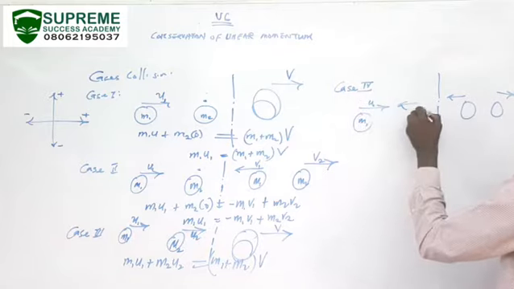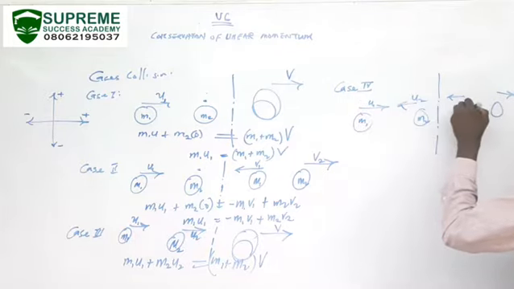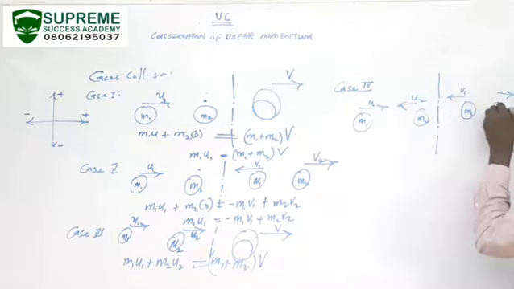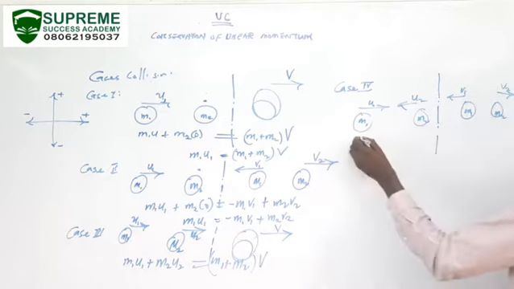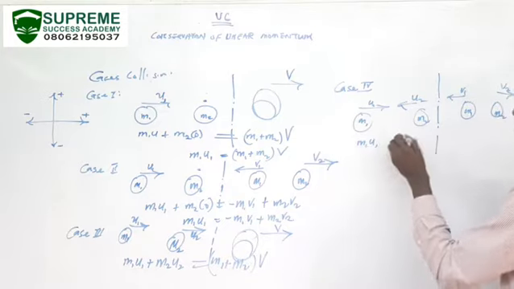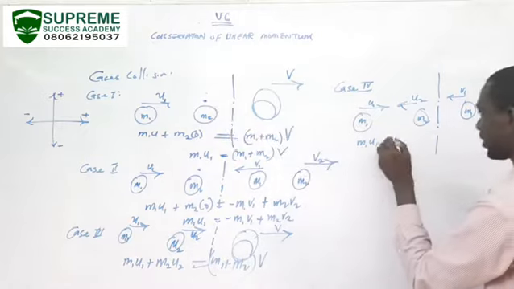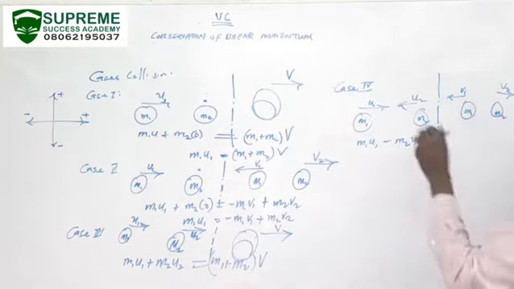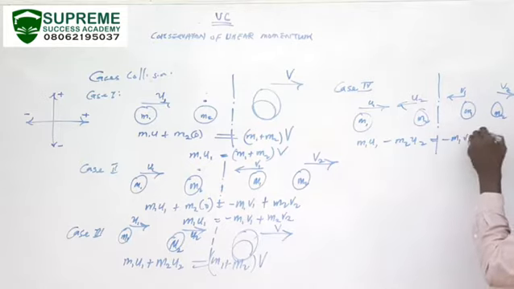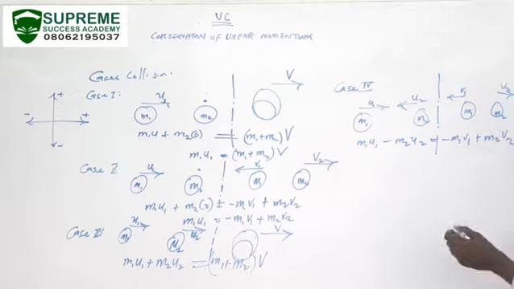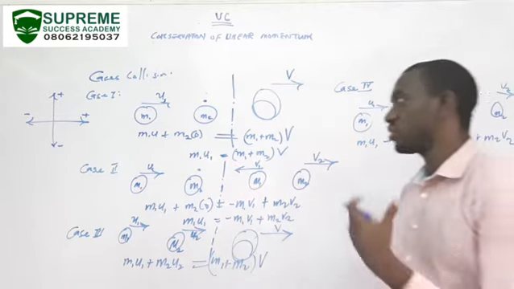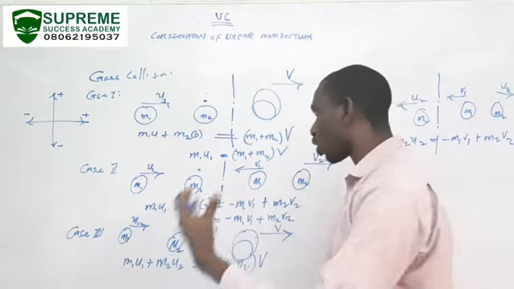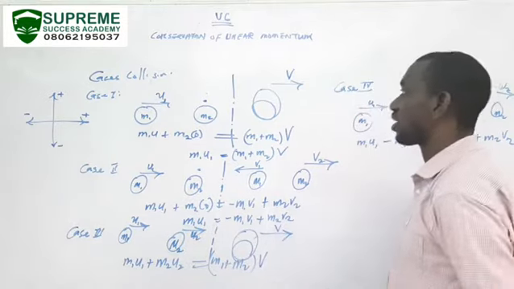M1, U1, M2, U2, M1, V1, M2, V2. So we have our M1 U1, and this is moving in that direction, that's minus M2 U2, equals, which direction is this facing? Negative direction, M1 V1, and this is facing like this, M2 V2. This is the equation you are going to use to solve such a question.